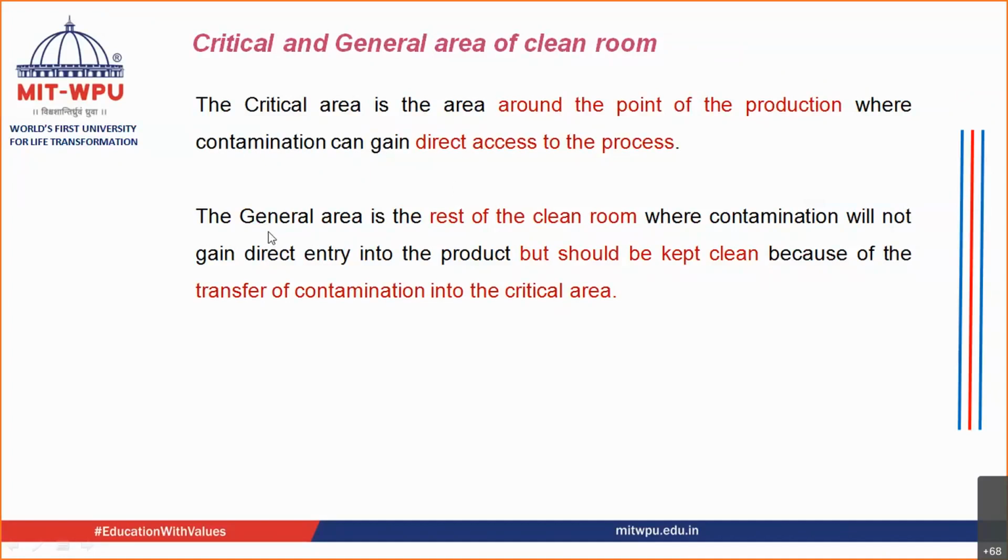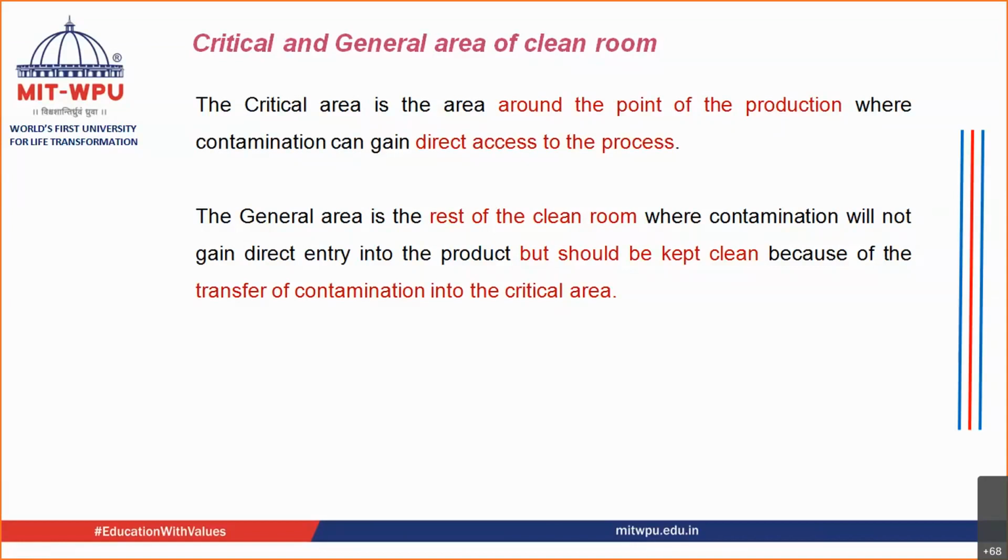Whereas you have the general area, the rest of the part of the clean room, where the contaminants cannot directly enter into the process, but through cross contamination they may enter inside the product. Hence these areas are also required to be kept clean, but not as clean as your critical area.